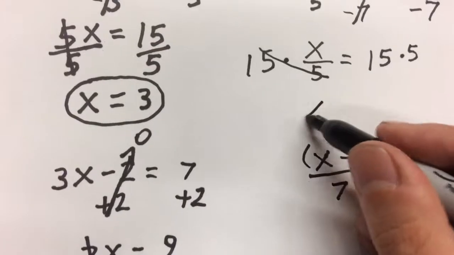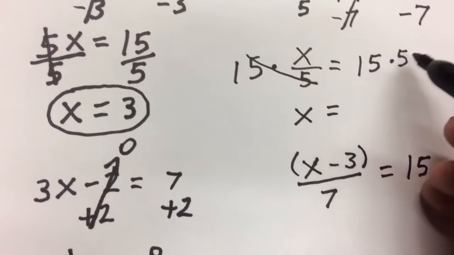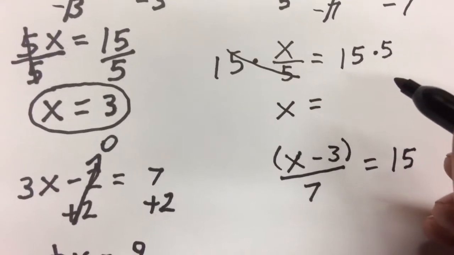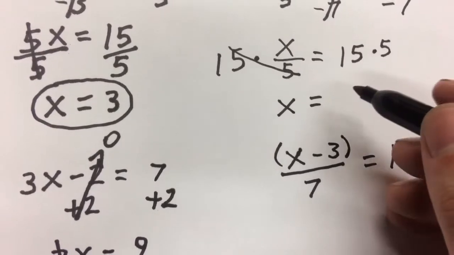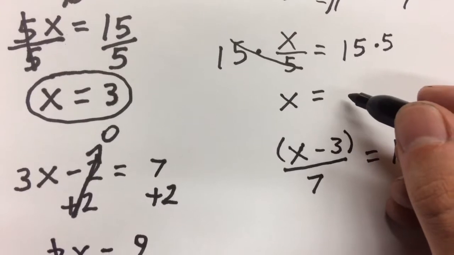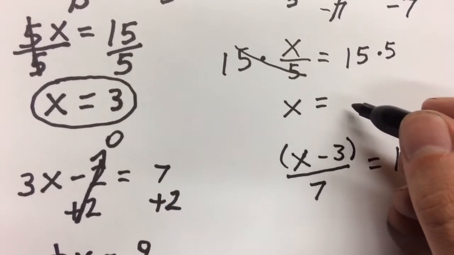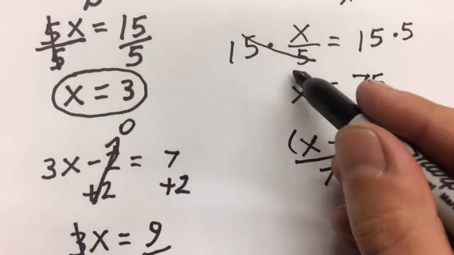So we have 1x is equal to 15 times 5. 15 times 5, 75, I believe. 15 times 5, yeah, 75. x is equal to 75.